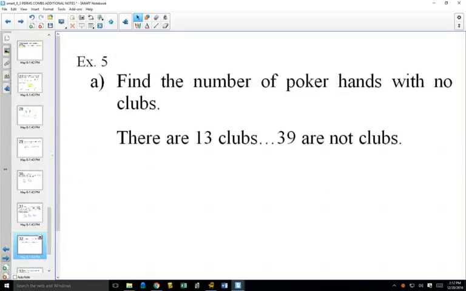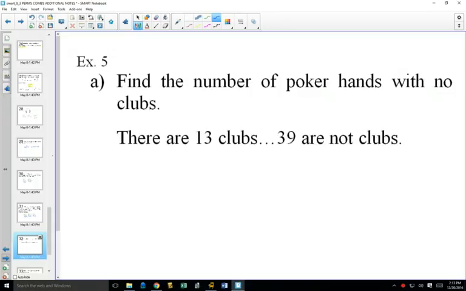The last thing we're going to look at is poker hands. And so here, the first question is, how many poker hands have no clubs? Well, if I took my deck of cards and I wanted to guarantee that I dealt you 5 cards that had no clubs, what I could do is go through the deck and just start taking out the clubs.